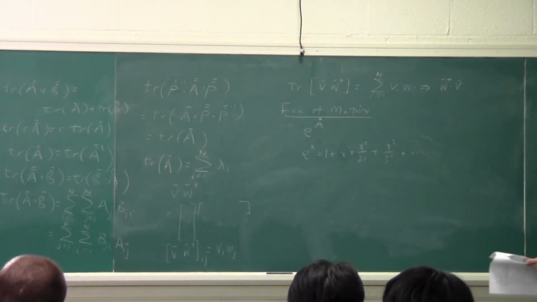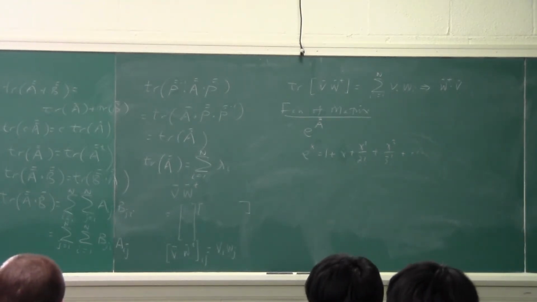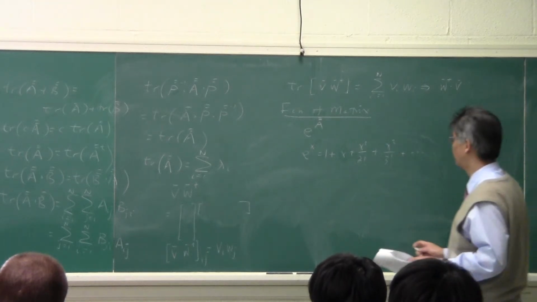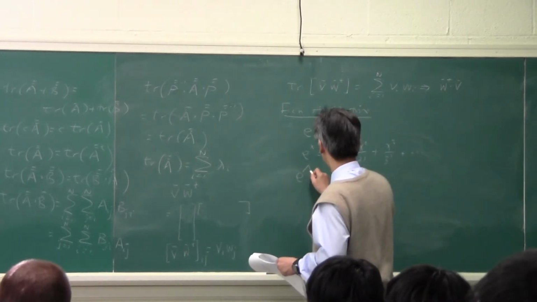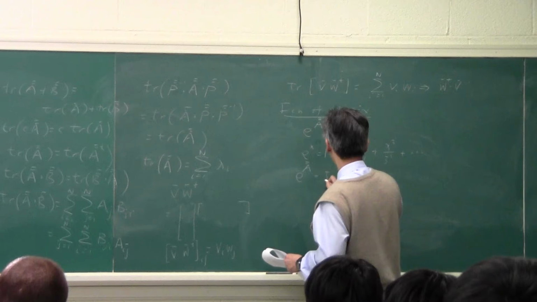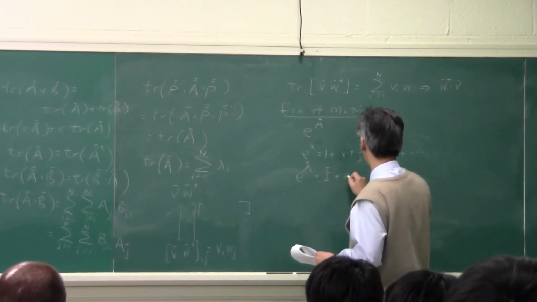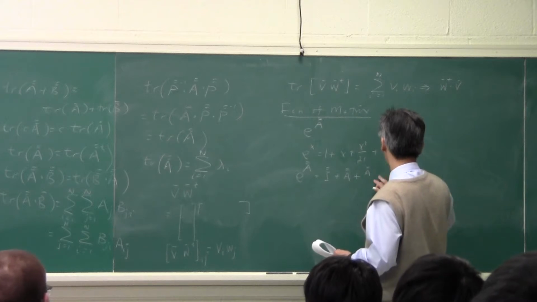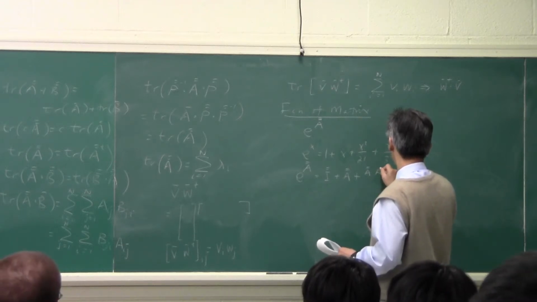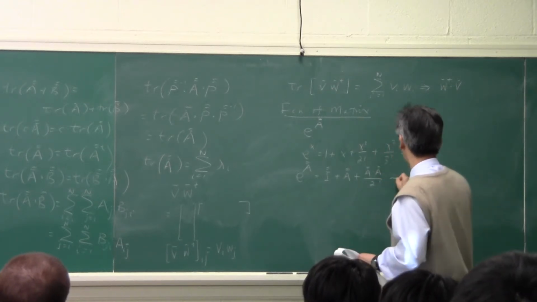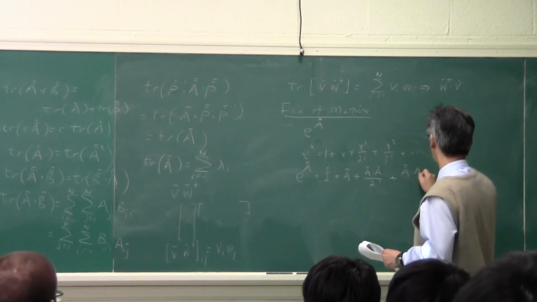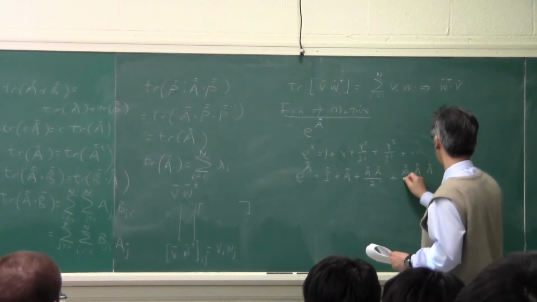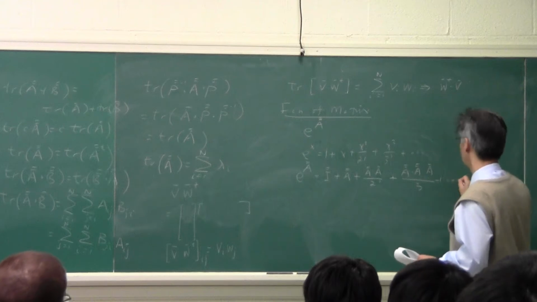So function of a matrix is to be interpreted as a polynomial of a matrix. So you should think of this as the polynomial of the matrix, I plus A plus A dot A over 2 factorial plus A dot A dot A over 3 factorial and so on.